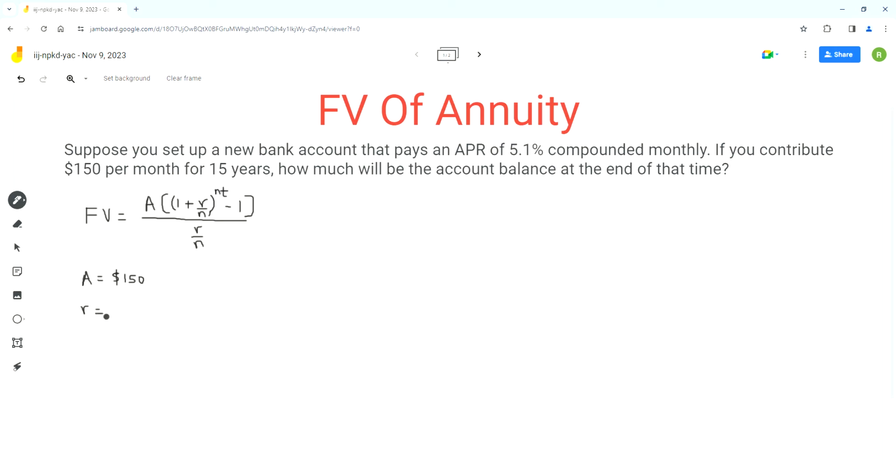And in this case, the given annual interest rate is 5.1%. Now in this formula, we'll use the interest rate in decimal form. So we'll have to convert this percent to decimal by dividing it by 100.